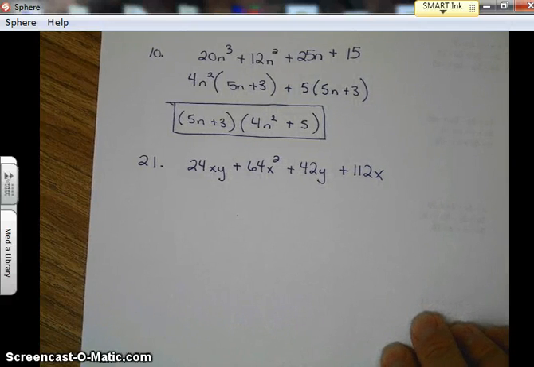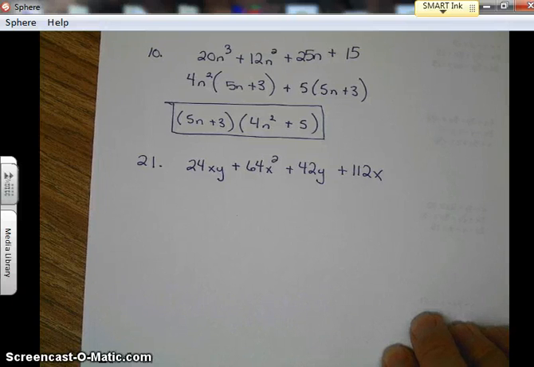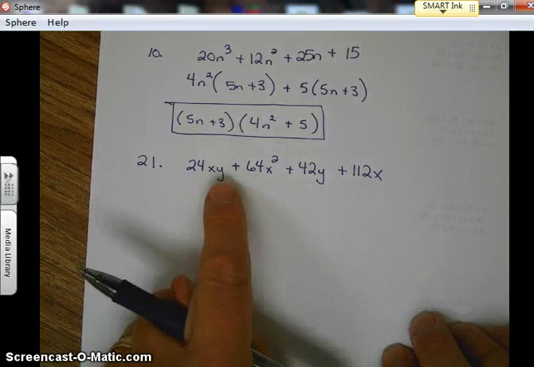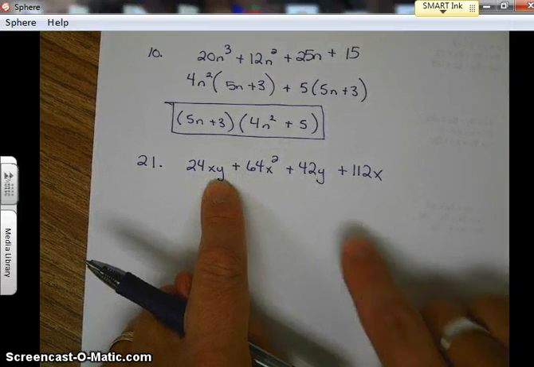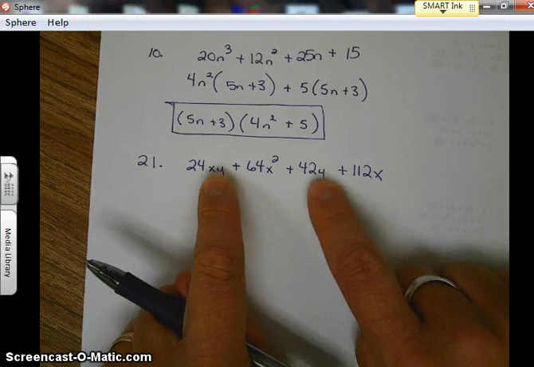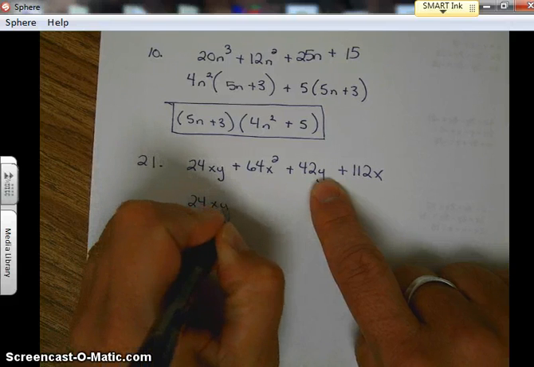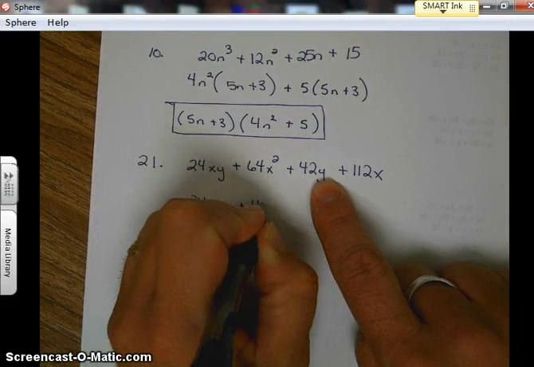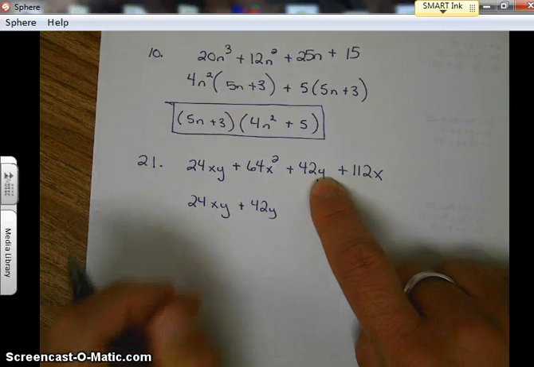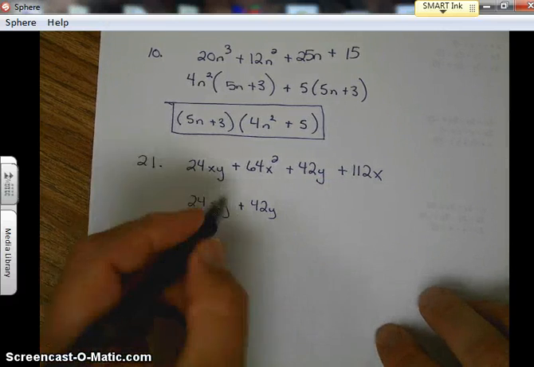So remember, we want to group terms together where we know we can factor out a common factor. So what I notice here is I see a y in this term and a y in this term. So I think I'm going to go ahead and group those together. Remember, if it doesn't work out, we just go back to the drawing board.